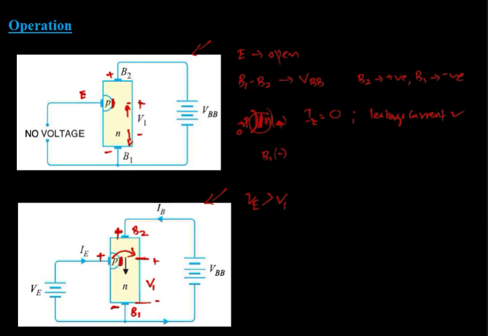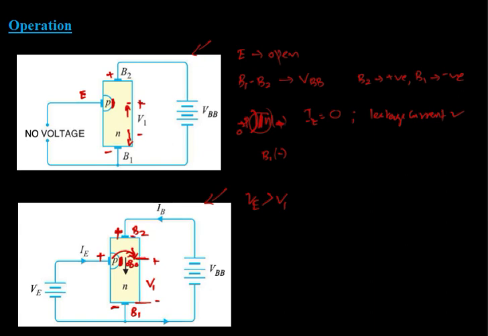That means when we apply a voltage VE which is greater than V1, this PN junction becomes forward biased, so that the holes from this P region will be injected into the N-type bar. So here we can see a large number of holes are injected from this P into the N-type bar.